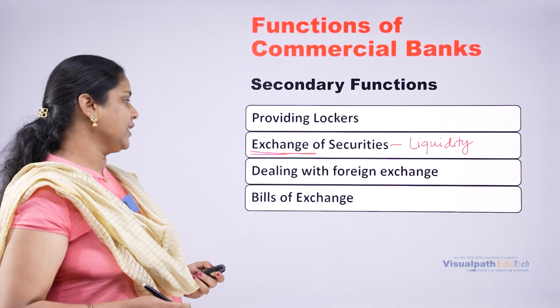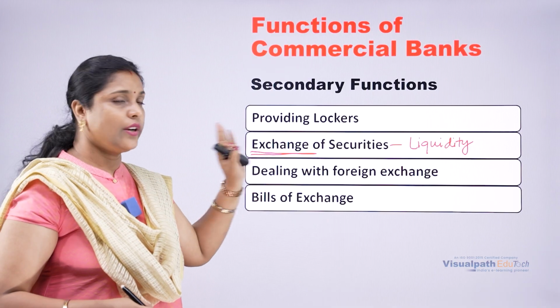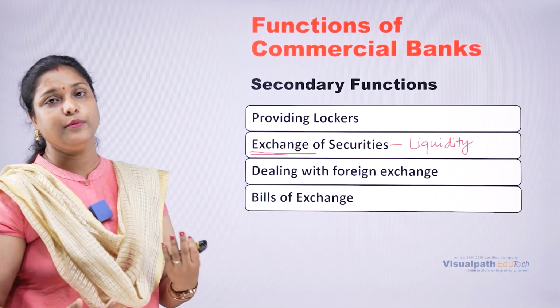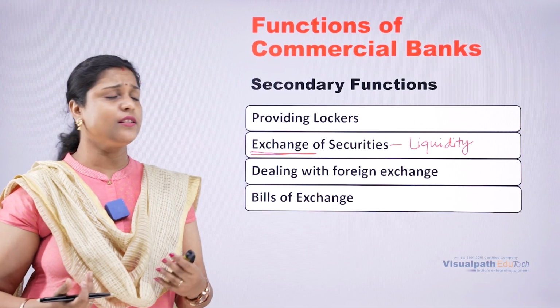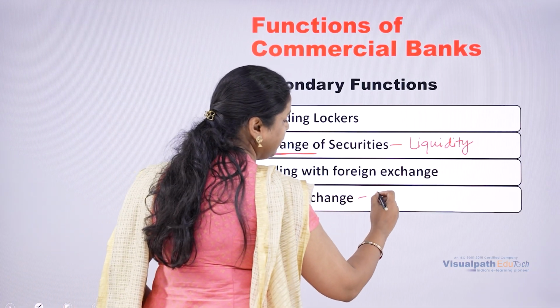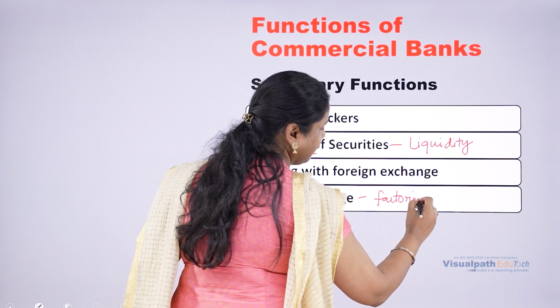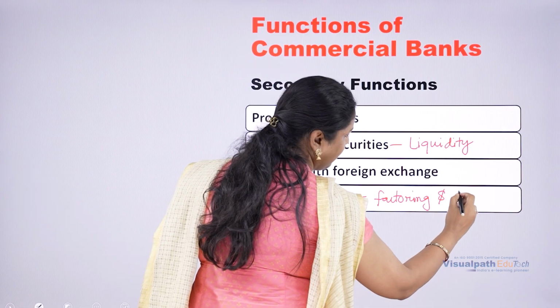Then bills of exchange. As we discussed exchange of securities, in a similar way, bills of exchange can be dealt with the banks. Now, here two features known as factoring and forfeiting.